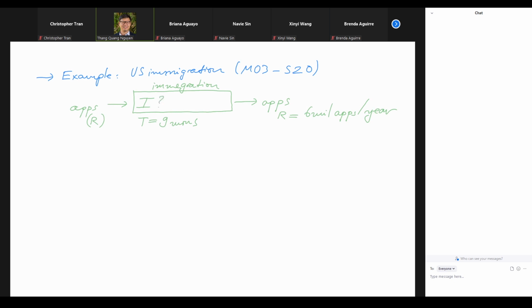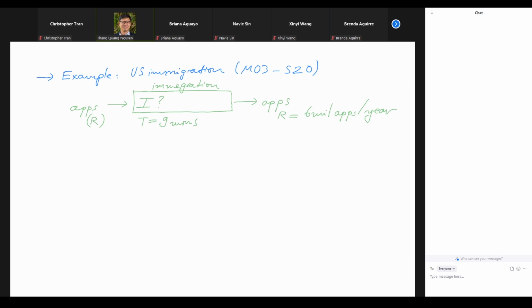And that's an inventory. So what is the inventory of this process? And to be more precise, we talk about the average inventory. At any point in time, on average, how many applications do we still have in the system? Still under review, not done yet, not decided on yet, okay?